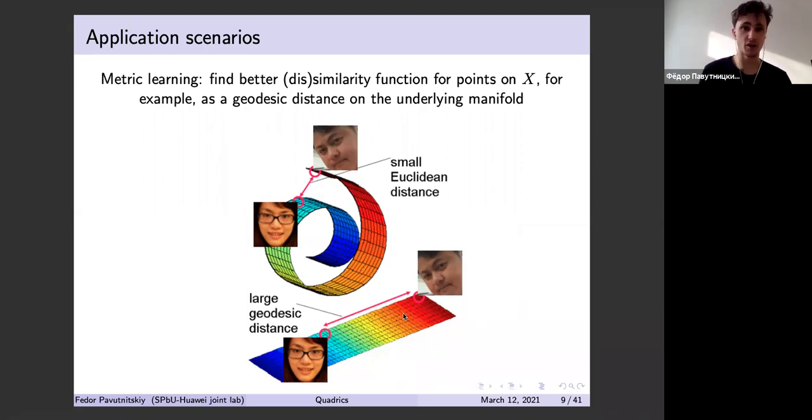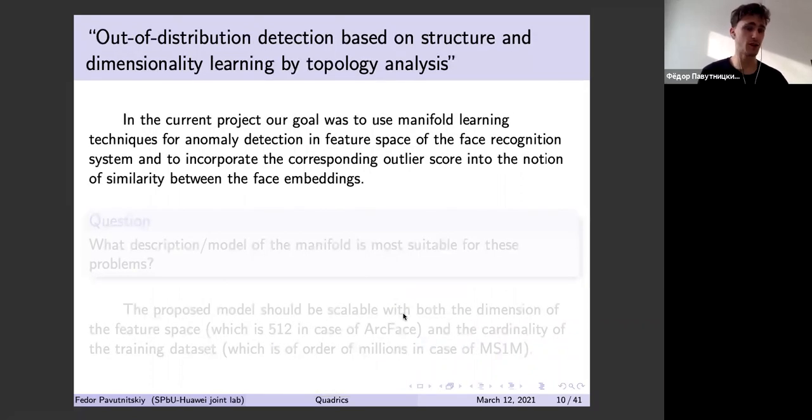Okay, these were the application scenarios. So what have we done in our project? It's called out-of-distribution detection based on structure and dimensionality learning by topology analysis. This is the original name.